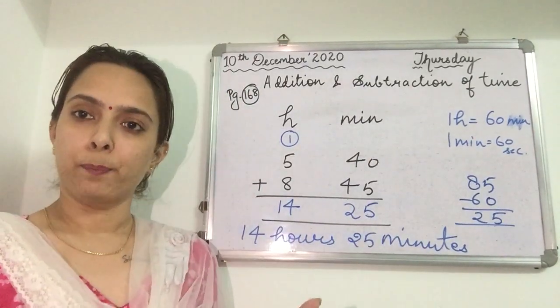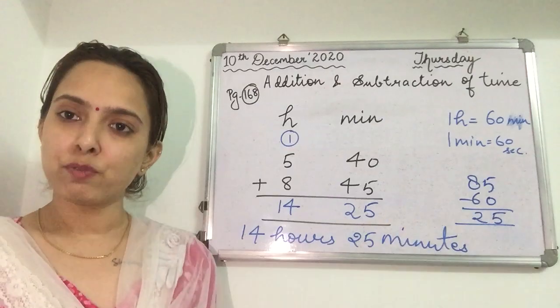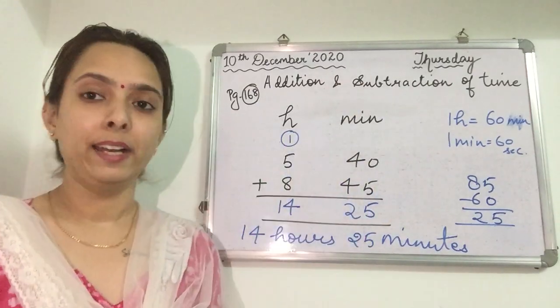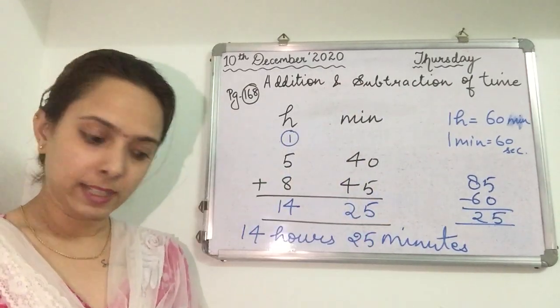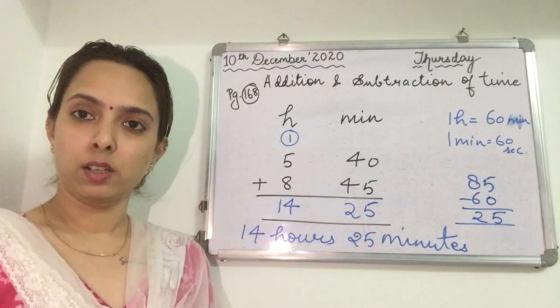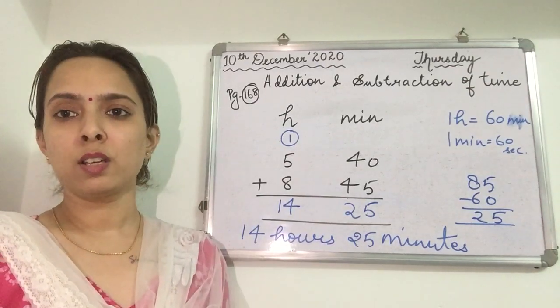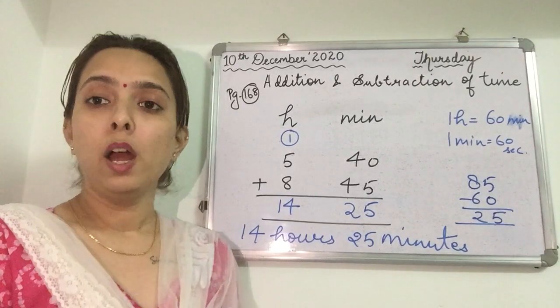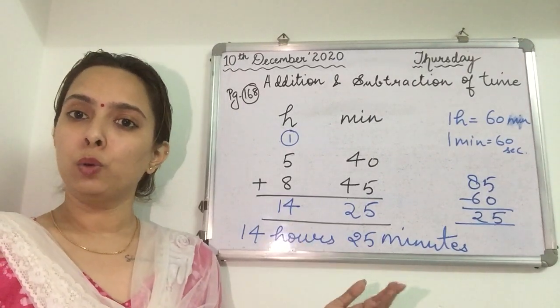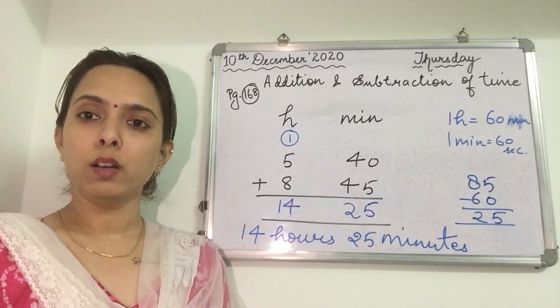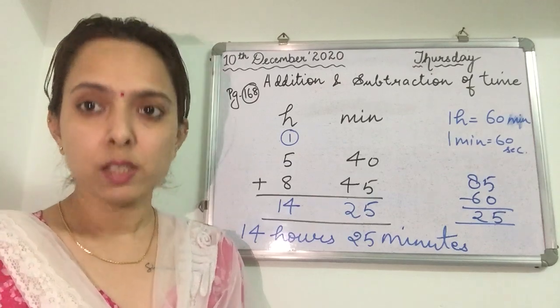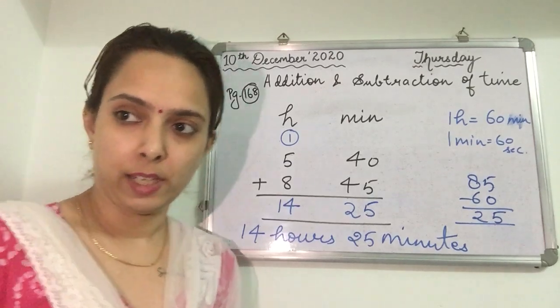Every time the method is the same, the steps will be the same. You have to perform additions like this. So this was addition. I hope additions are clear to you, and it will be clearer by watching one YouTube link which I have already sent to you.